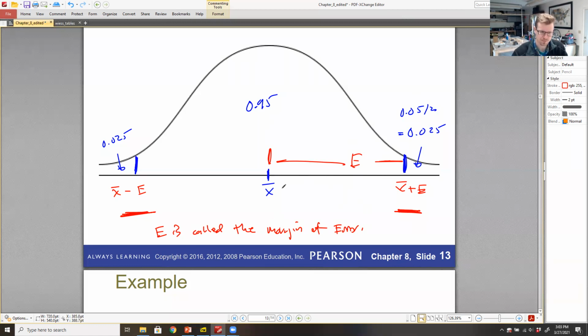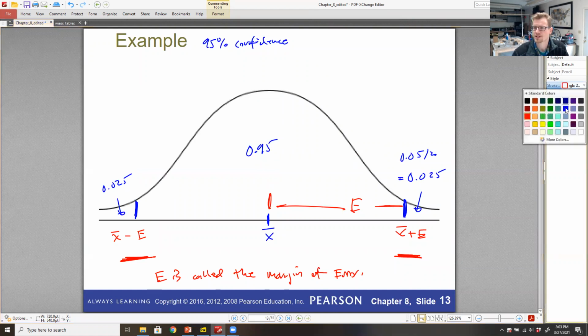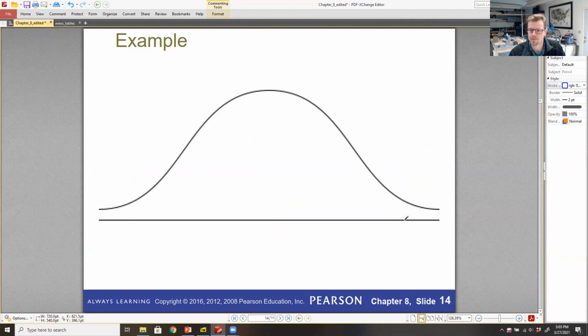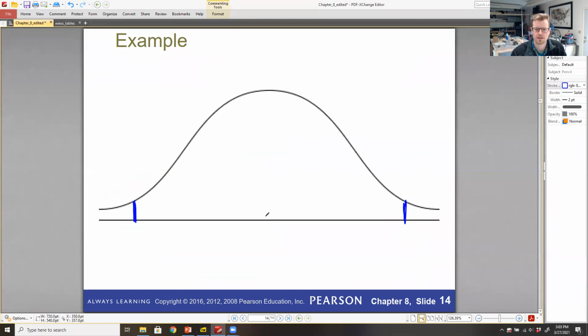But let's say we have the standard normal distribution. I've got a second image here. We want this to be 0.95, and we want to find this z value and this z value.